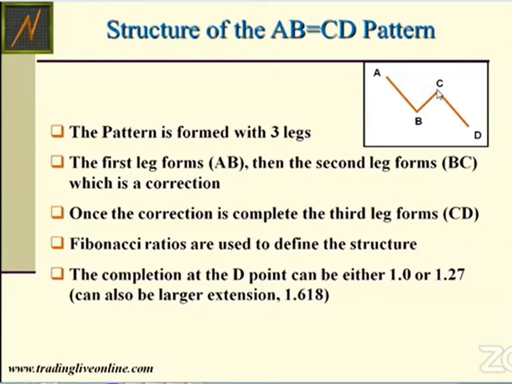And it's important to point out that the D point, the last leg, the C to D, is not always exactly equal to the AB. It is in many instances, but there are a good amount of times where there's an extension of this leg, and that might be a 1.27, a little bit longer than the AB, or 1.618, even a 2.0. But that's something that, if you are interested in this pattern, should be studied.